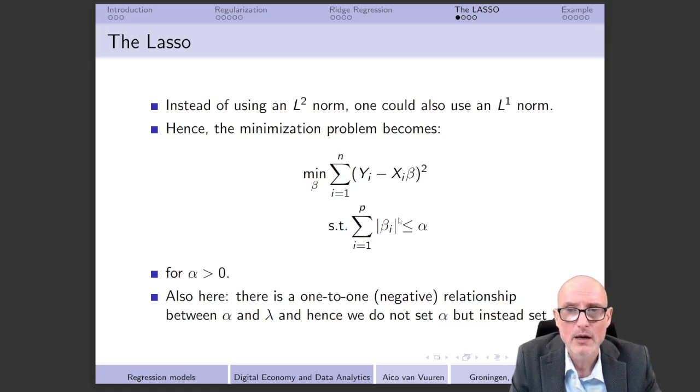We can see lambda as a Lagrange multiplier, and therefore what we typically do is that instead of setting alpha, we set lambda, which has exactly the same interpretation as before. If lambda is large, then alpha is small, so we have a very restrictive regression, whereas if lambda is small, then alpha is large, which means that we have a very unrestricted regression.